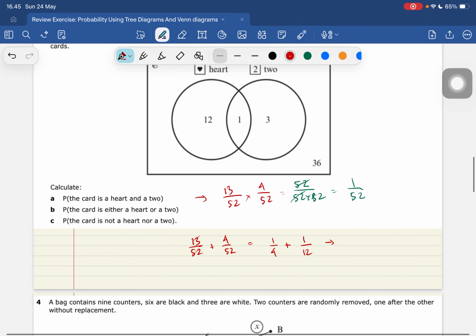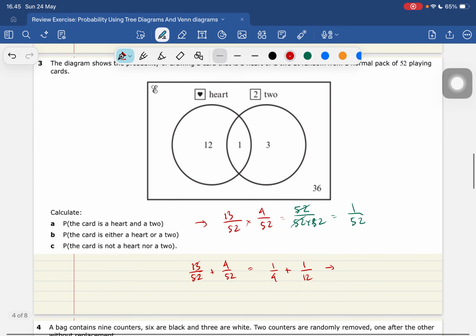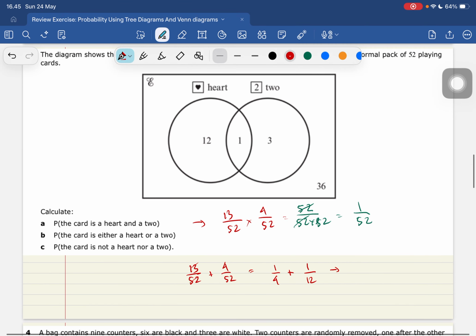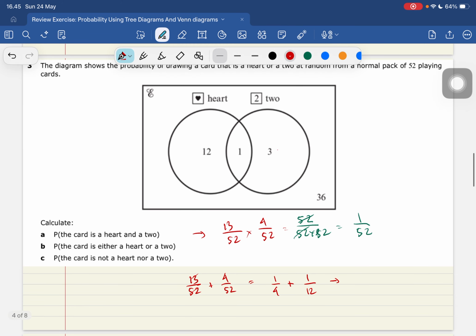Okay, we add, the card is either a heart, here 13, or a 2. Oh wait a moment, can addition actually be 13. So we got 12 plus 1, then we can add again 3, so here is gonna be 16.